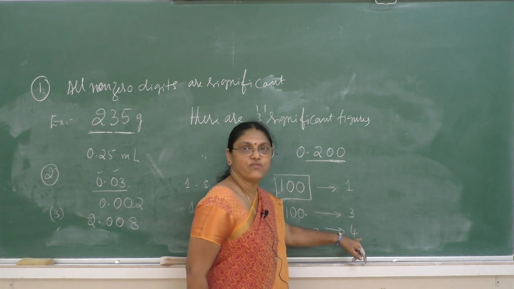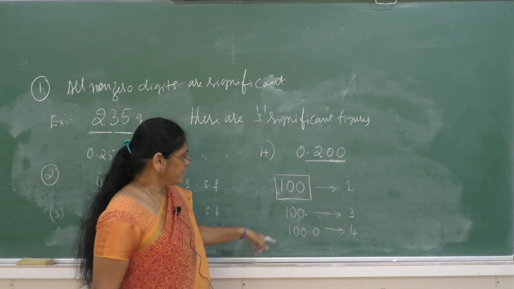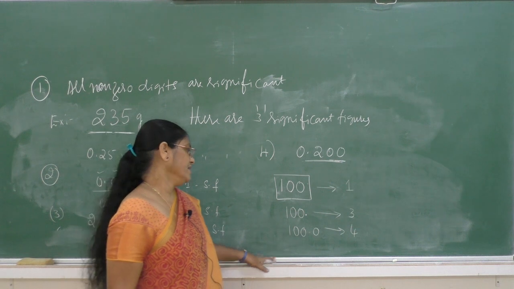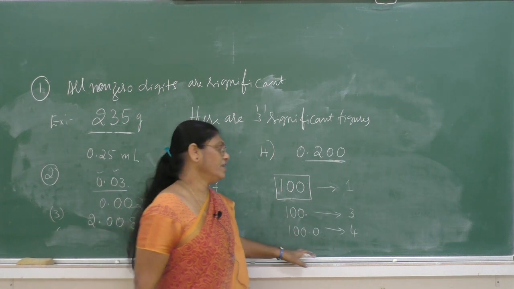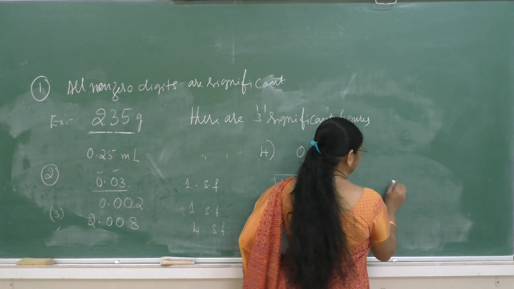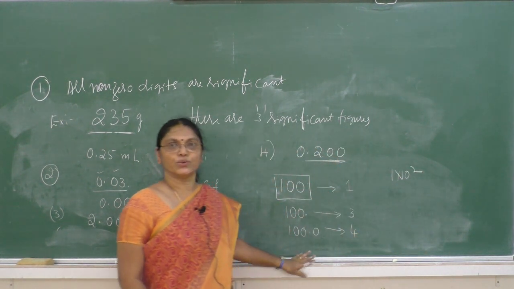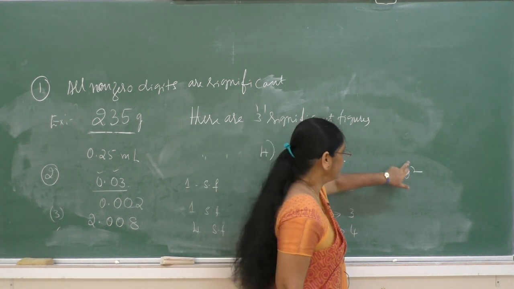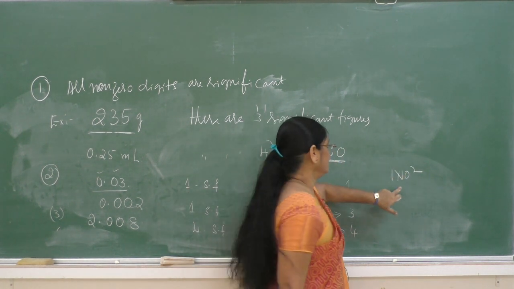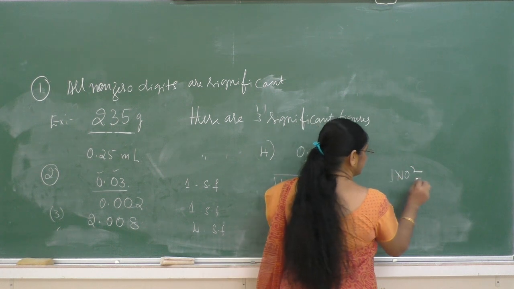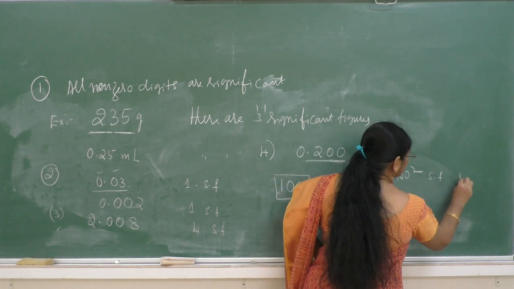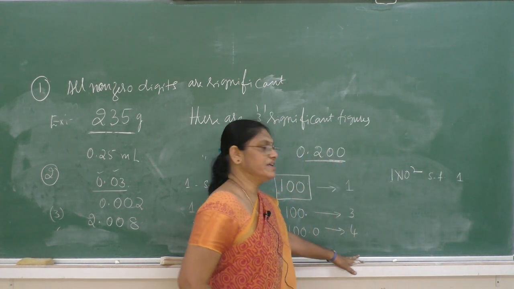There are 4. These numbers can also be written in scientific notation. This can be written as 1 into 10 power 2. This contains only one significant figure.